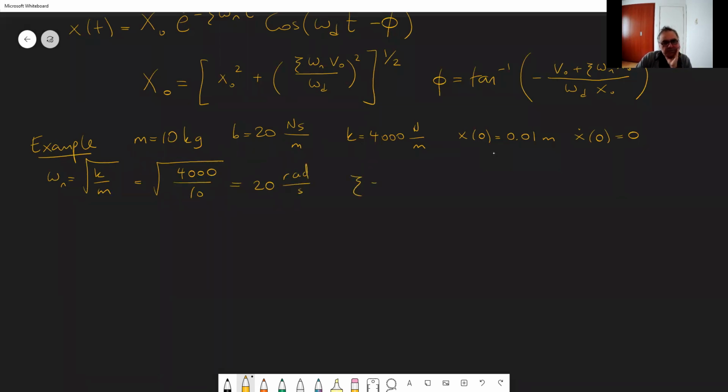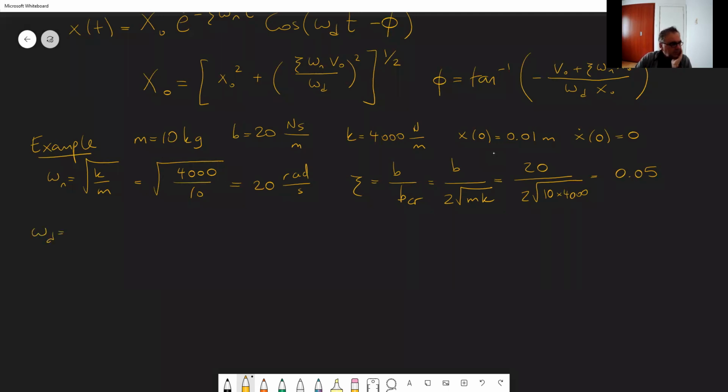The damping ratio is c over c critical, which comes out to be 0.05. It's really low damping.